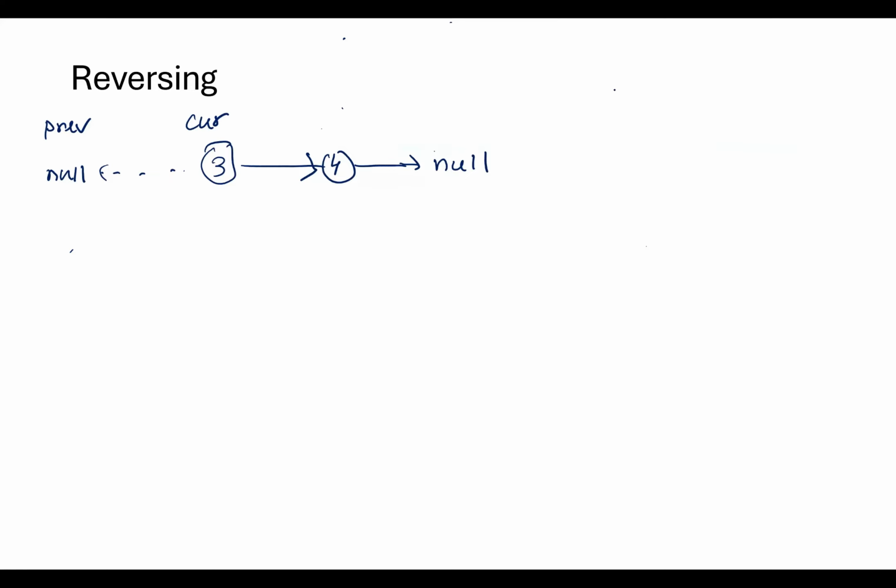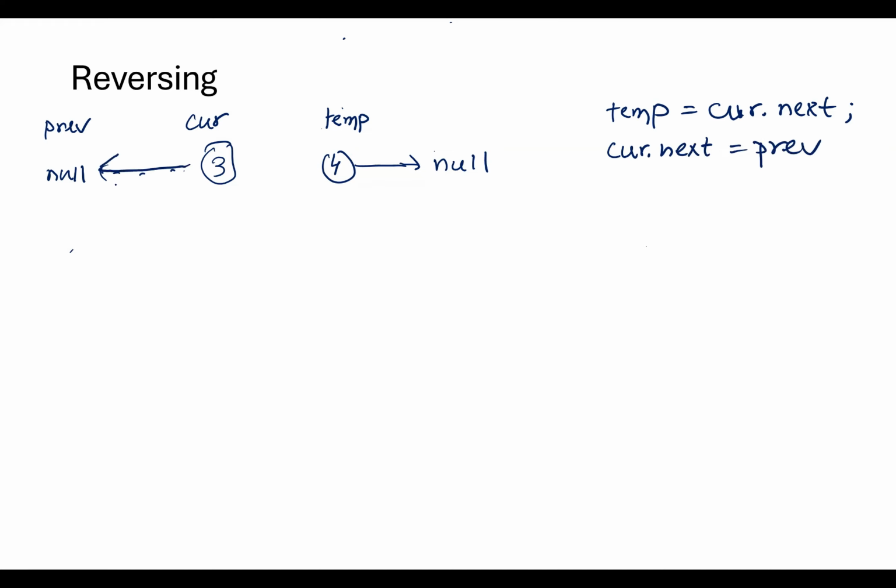So instead of losing track, let's save this first: temp equals current.next. That way I am saving it in temp. Once this is saved, I'm safe. Now let's delete it and set current.next to previous.